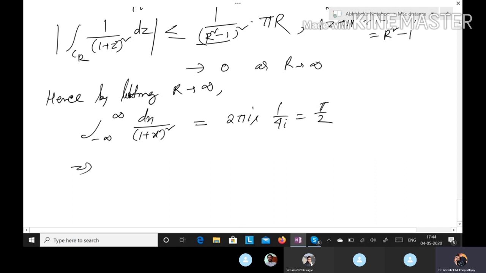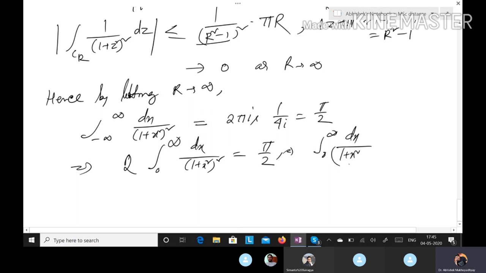Now since this function is an even function, it will be 2 times the integral from 0 to infinity of dx by (1 plus x square) squared, which is pi by 2. So the integral from 0 to infinity of dx by (1 plus x square) squared is pi by 4. So this proves the theorem.